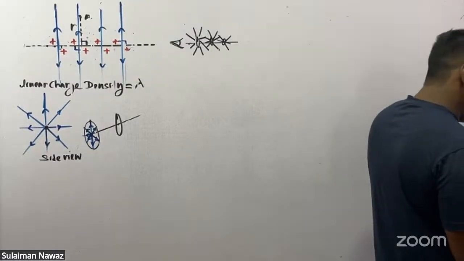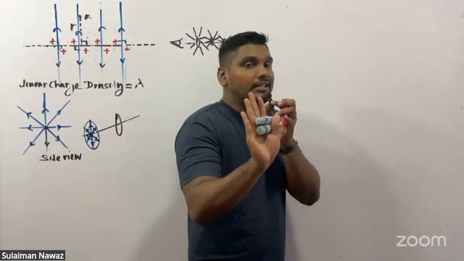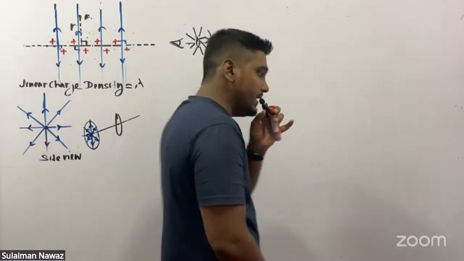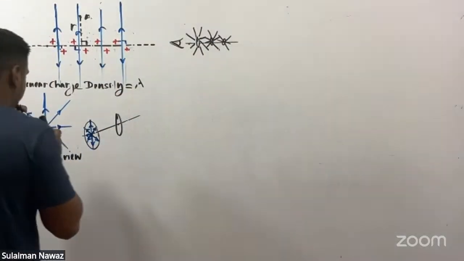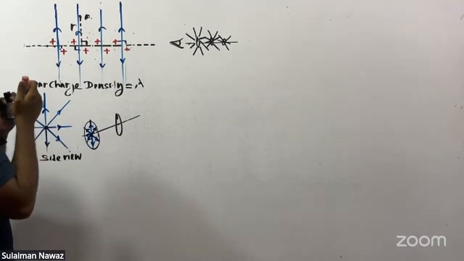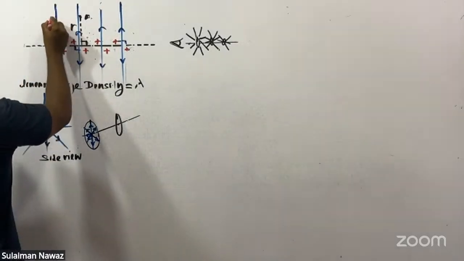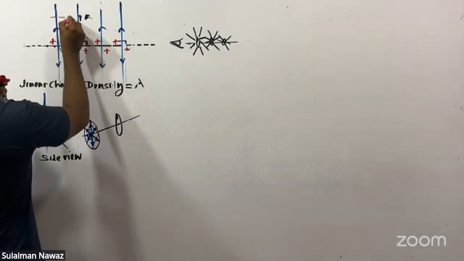Some of you are saying circle, but remember it should be a cylindrical Gaussian surface. The Gaussian surface must be a cylindrical Gaussian surface.